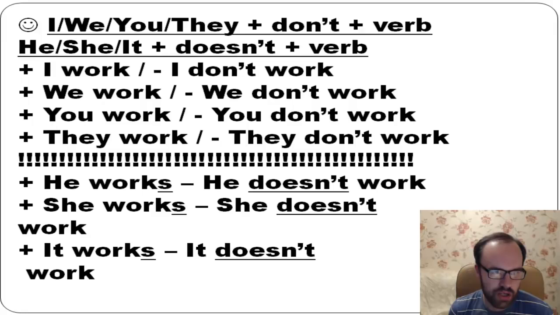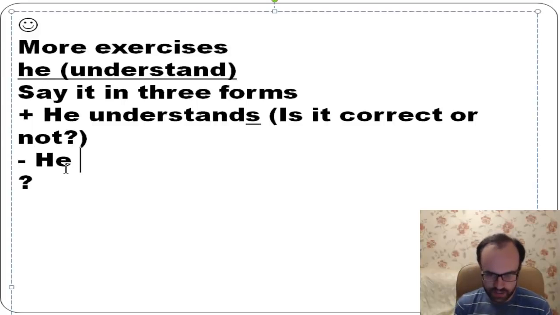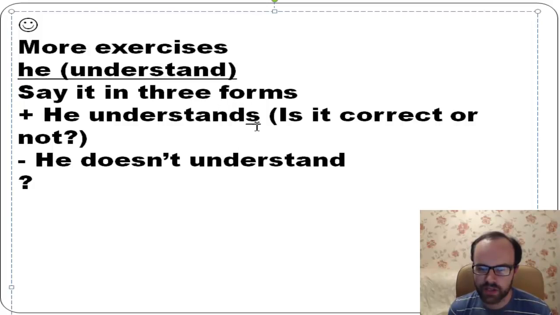We use don't if it's I, we, you, they, and doesn't if it's he, she, it. So he doesn't understand. Without s. We have s only in a statement.